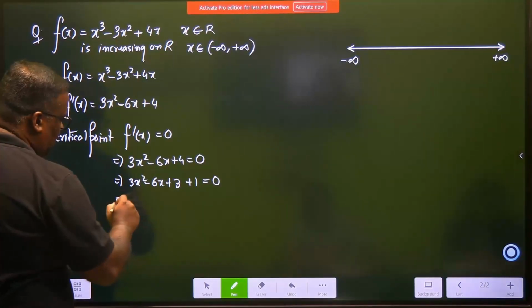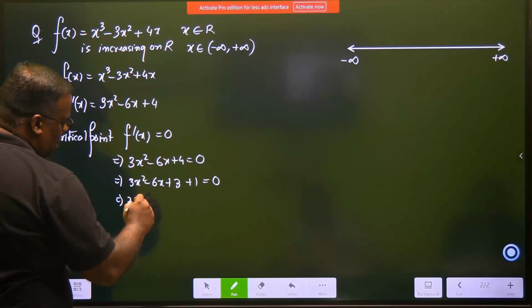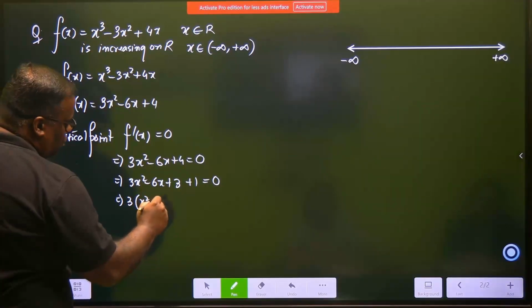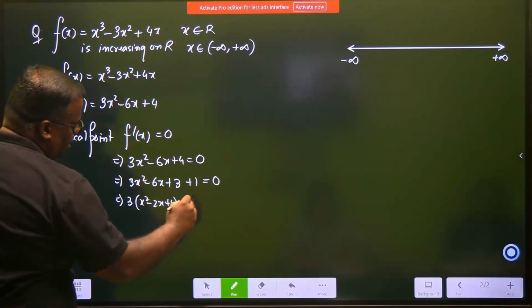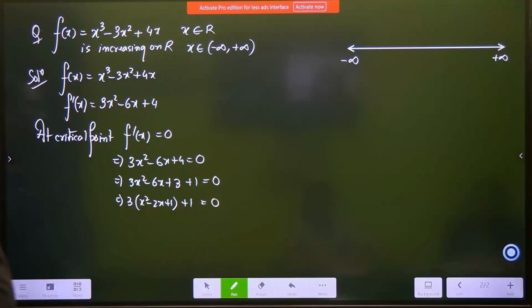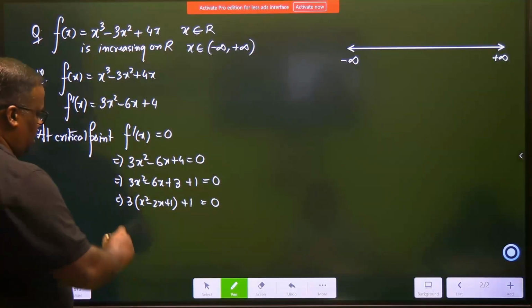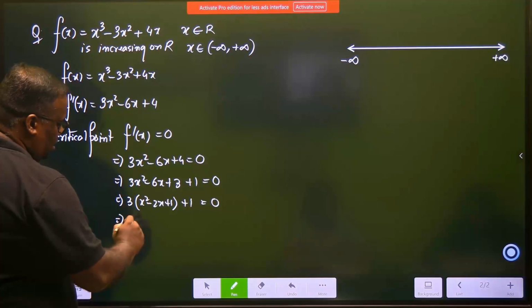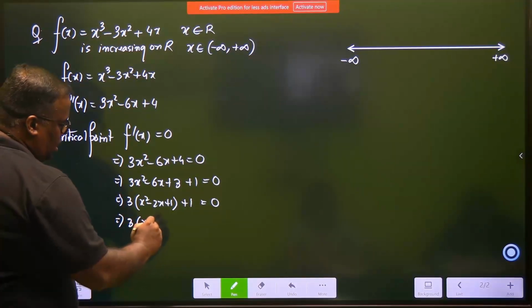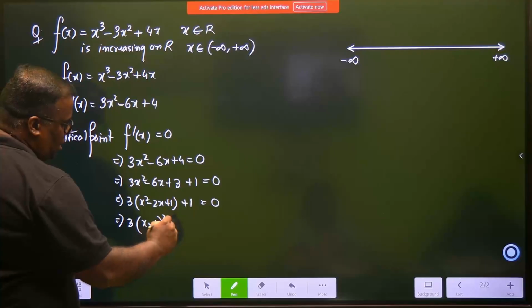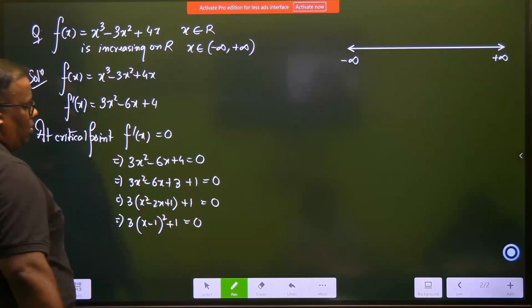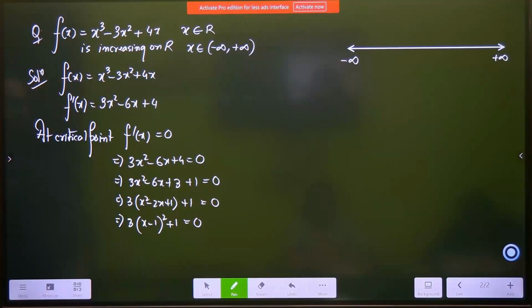Here I am making it 3 into x square minus 2x plus 1 is equal to 0. Now I'm writing 3 into x minus 1 whole square plus 1 is equal to 0.